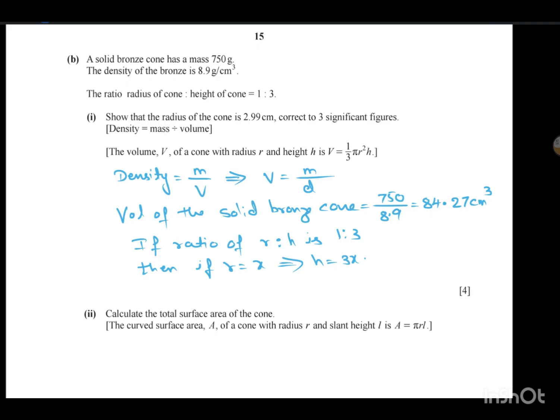So now take that in the formula: 1 by 3 pi into x square into 3x is equal to 84.27. Transpose method: x square and x is multiplied, we get x cube. 3 pi and 3 will be taken to the right hand side. So x will be cube root of 84.27 into 3 by 3 into pi.